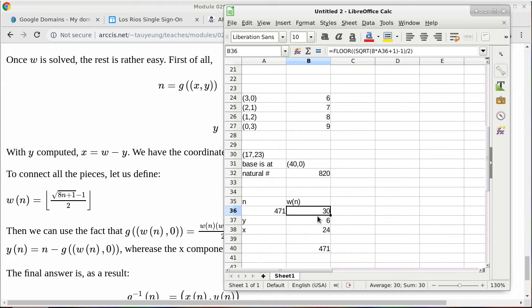More importantly, if I just use the W and find out the value of the base of the diagonal line, and then subtract that away from 471, that is y. So once I get y, and I know the sum of x and y is 30, then I just have to subtract y from W, and that becomes x.